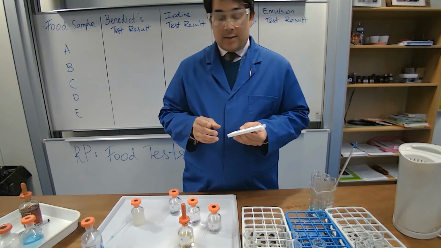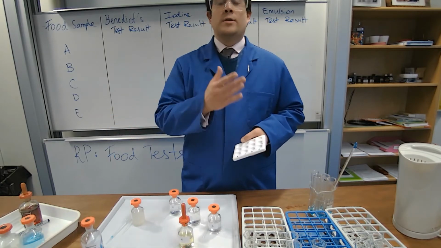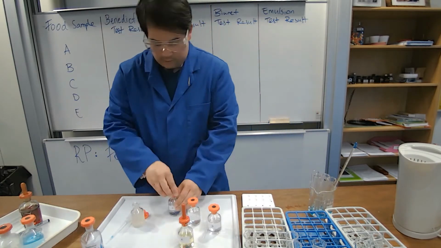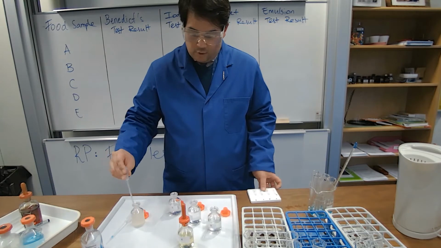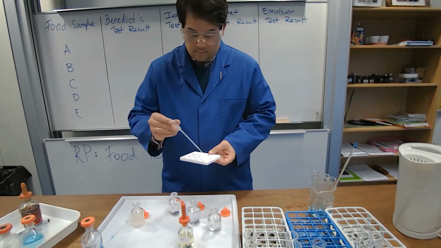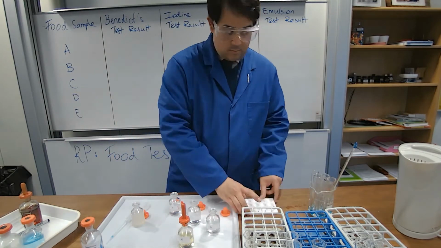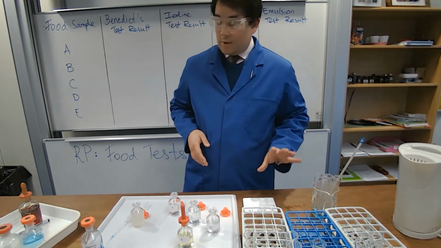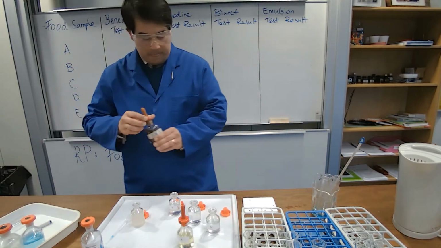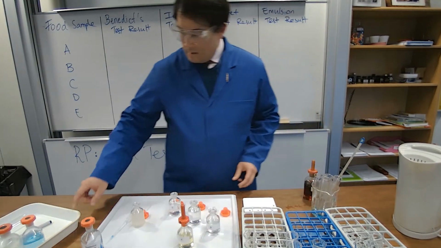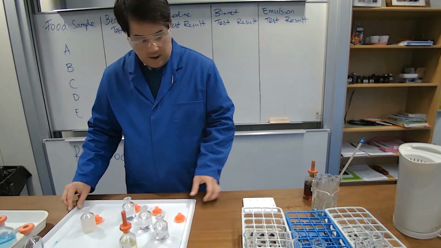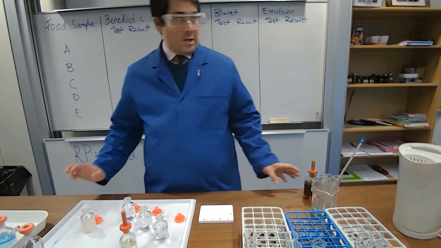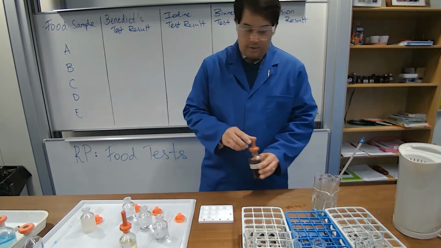And then I'm going to test, using iodine, whether starch is present. All we need for this one is a drop. So this is coming along nicely. We'll see a result very soon. Let's have a quick look at the iodine one. The iodine one is immediate and very quick, actually, so we should be able to see the result very quickly.